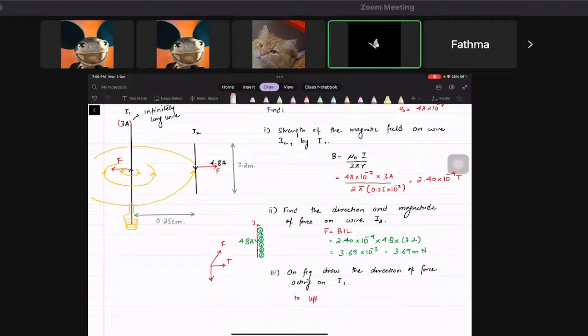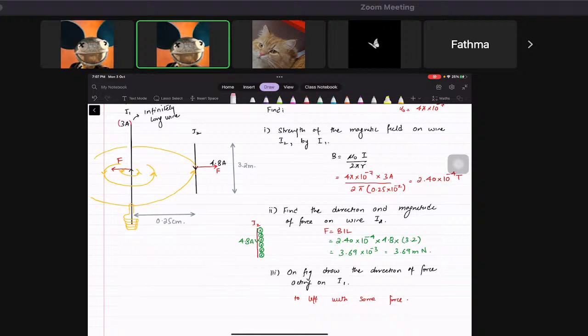So can you repeat the last point? Yes. What I'm saying is that your index finger, which is the direction of the magnetic field, should be into the page. So this is your index finger. You turn your wrist in such a way that your middle finger is towards the current, which is going down. So this is your middle. And then you'd realize that your thumb is right here, right?